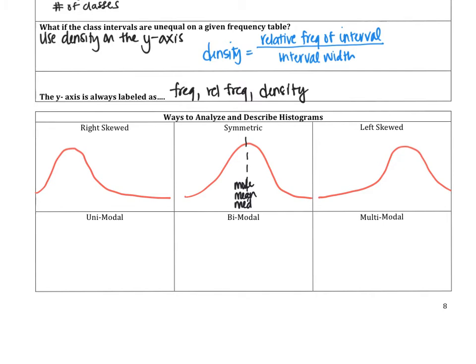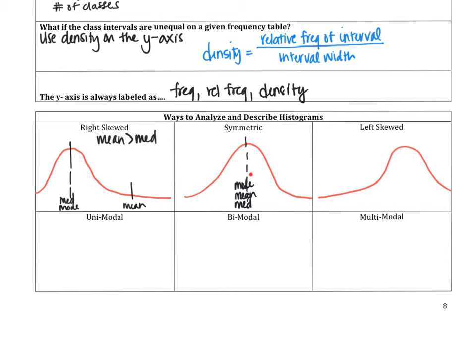With a right skewed distribution, your median and mode will pretty much stay the same. But we know that your mean will be influenced by those higher values out here in the tails, and your mean will be pulled towards those values. So in a right skewed distribution, your mean is always greater than your median.